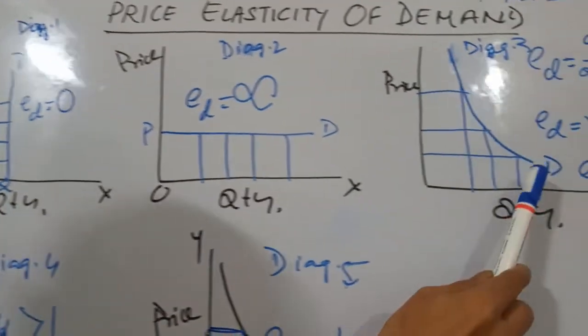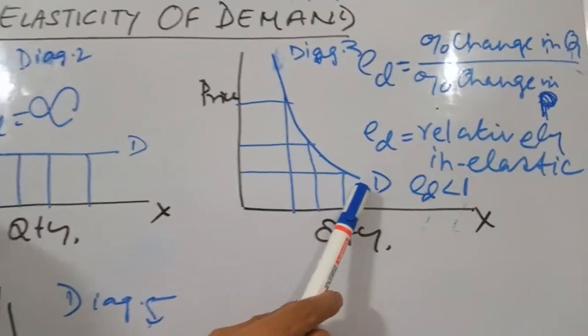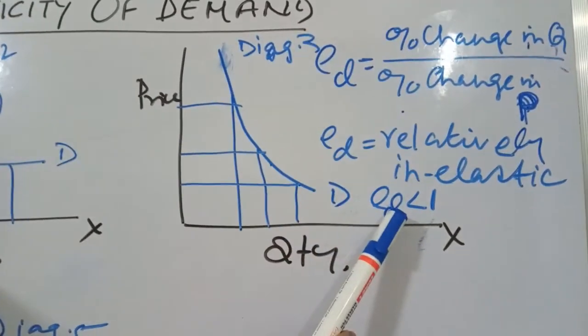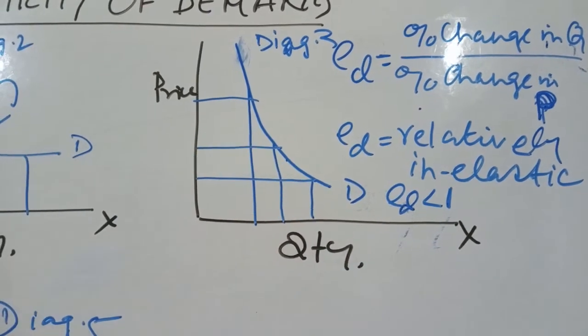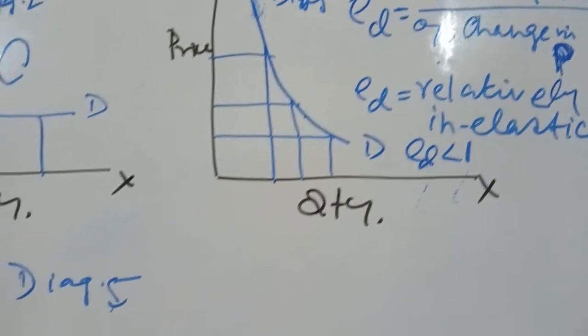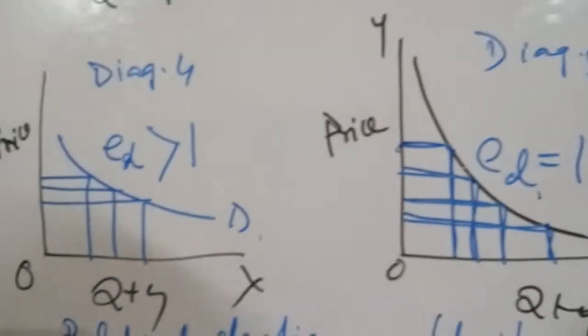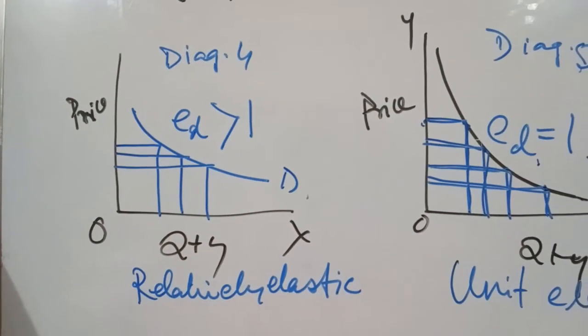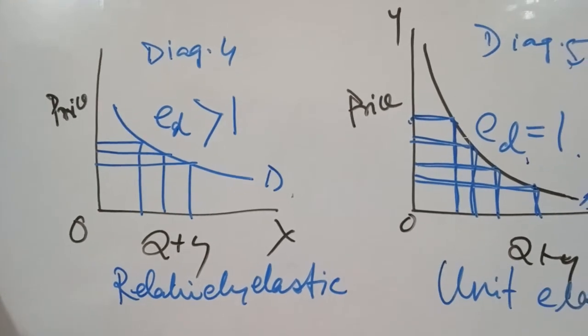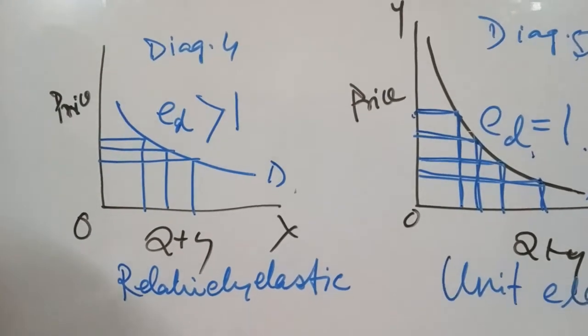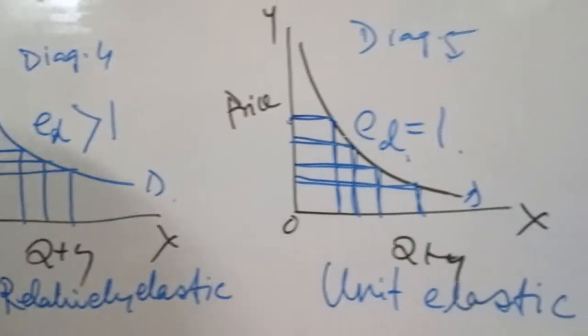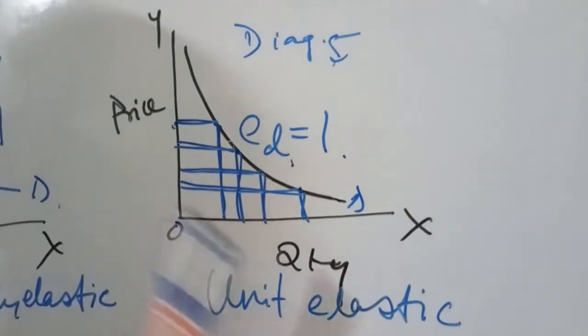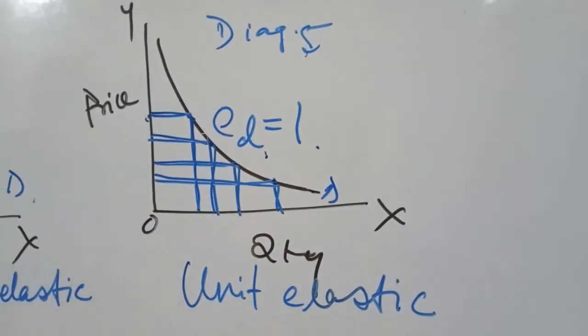When the demand curve is relatively steeper, elasticity is less than 1. When the demand curve is relatively flatter, elasticity is greater than 1. And when the demand curve is a rectangular hyperbola, then elasticity is equal to 1. Correct?